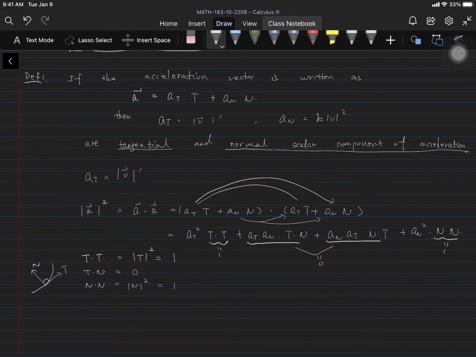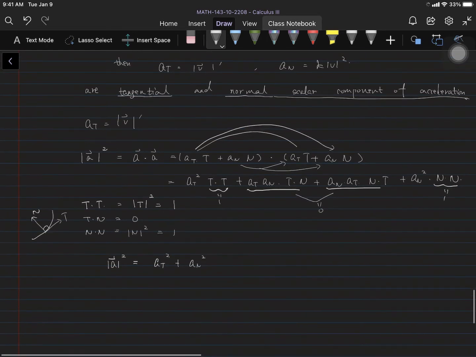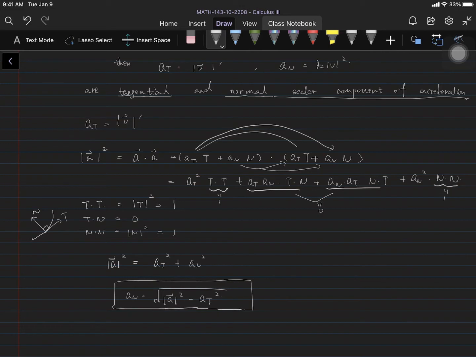So actually, we get the length of a squared equals a_t squared plus a_n squared, and if we simplify, a_n equals the root of the length of a squared minus a_t squared. That means if we know a_t, the component in the tangential direction, then we can find the component in the normal direction.